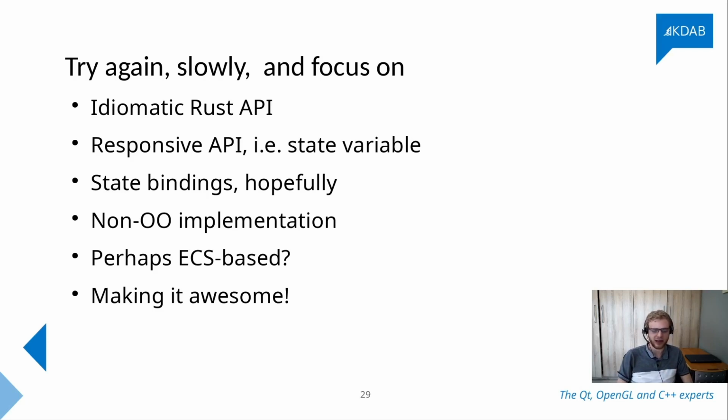QML doesn't really have special state variables as such. It's got the concept of properties, which are basically the same thing, but in QML almost everything is a property anyway. So that's why I don't want to call it a special thing, because almost everything is a property. And in QML, whenever you change a property, then everything bound to it automatically gets reevaluated.